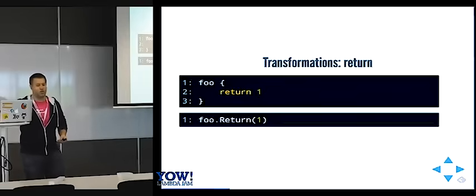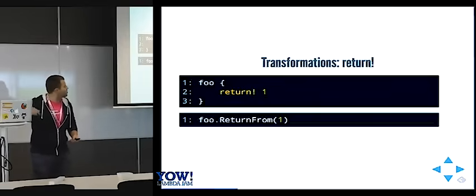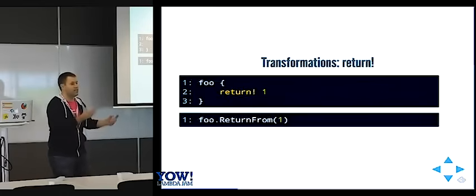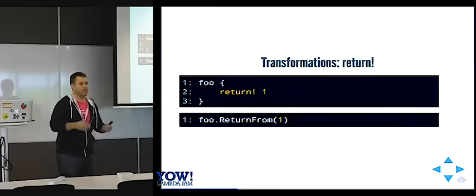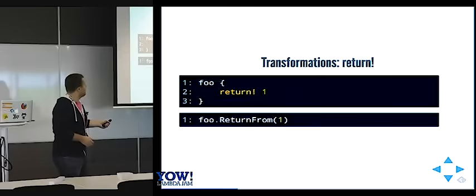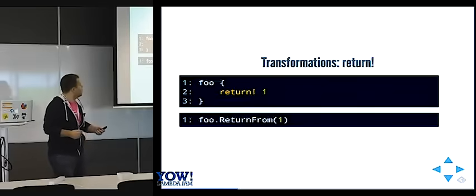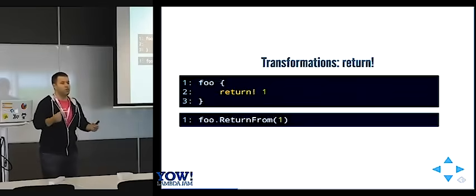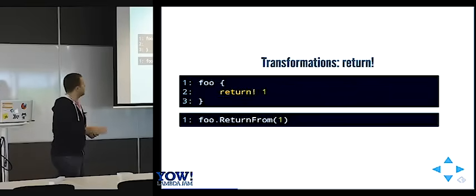And in fact, return and return exclamation mark are exactly the same as yield and yield exclamation mark. They just give you an opportunity to do something with the value. So often when you're working with bind, you'll use return, and when you're working with something that looks more like a sequence, you'll use yield, but it's just aesthetics basically.